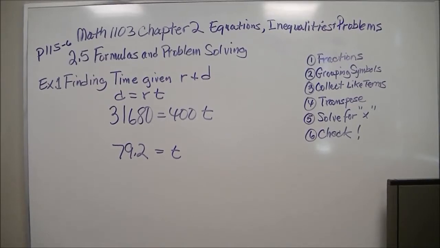Going on to example 1, and we're going to use the distance formula. Distance equals rate times time. In Alaska there is a glacier that is this long. Now, a glacier is a big mass of ice that moves towards the sea. When the edge gets to the sea, it breaks off and forms an iceberg.